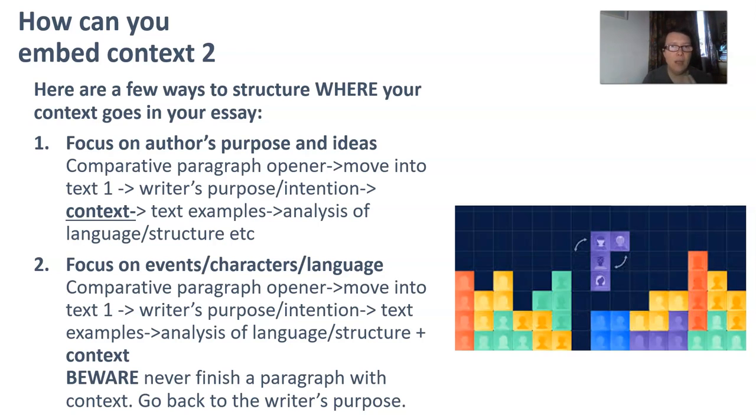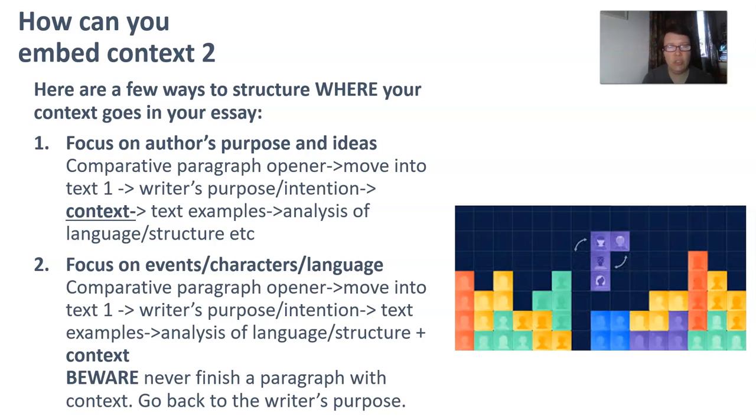So say you are going to focus on events, characters, language. Of course you have the same paragraph opener. You've got your comparative paragraph opener. You move into your first text. You deal with the writer's purpose, what their message is, what they want to say. You move into your textual examples.